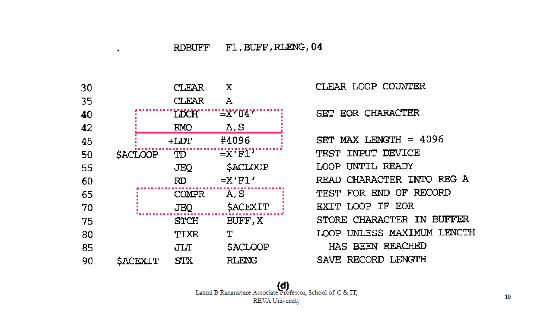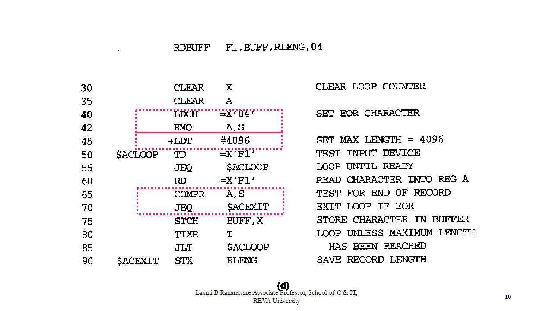This should be commented, that's why on the left hand side of this read buffer we are going to have a dot, that means this call is commented now. Then clear X, clear A, then load the accumulator with 04, that is end of record. EOR is loaded in the accumulator, and that accumulator content is moved to the S register. So S register is having 04.